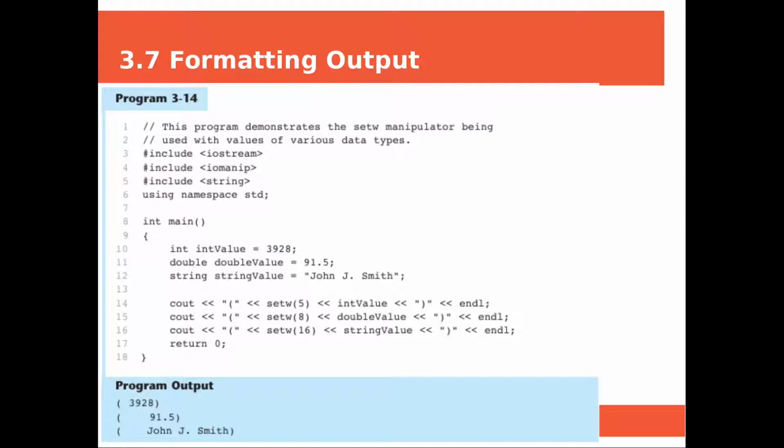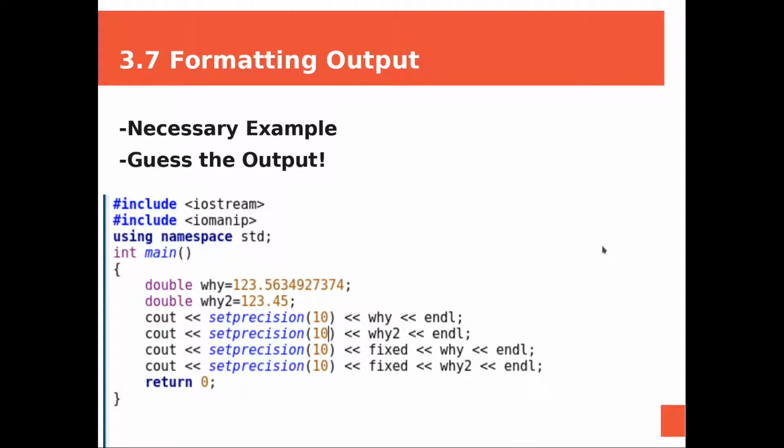So this is not that. This is some other formatting. I'm not even going to talk about this. It's important when you want to format some of your programs, but don't think about it too much. This is something I want to talk about that the book doesn't really show all too well. I want you to look at this program and think about what the results are going to be.